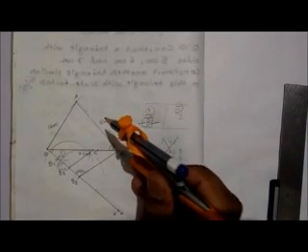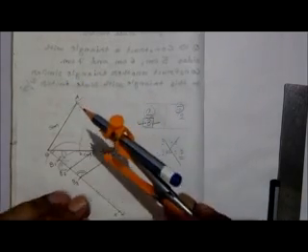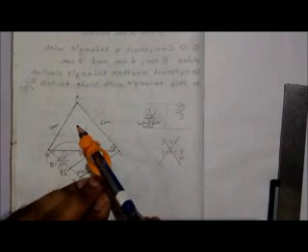So again, by taking some radius and C as center, give the arc, and with the same radius, but this time the center will be C dash.